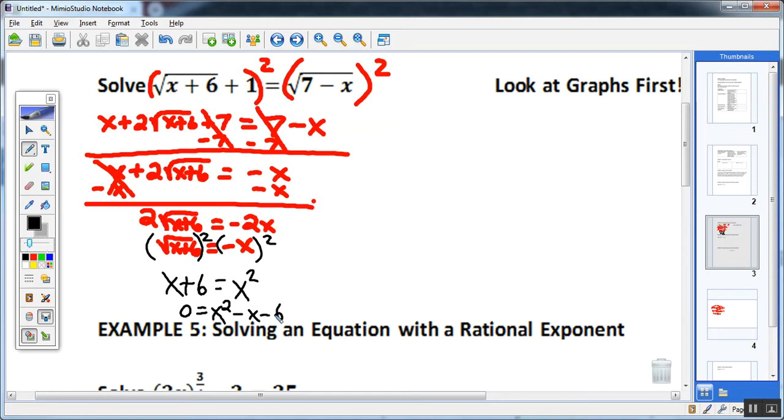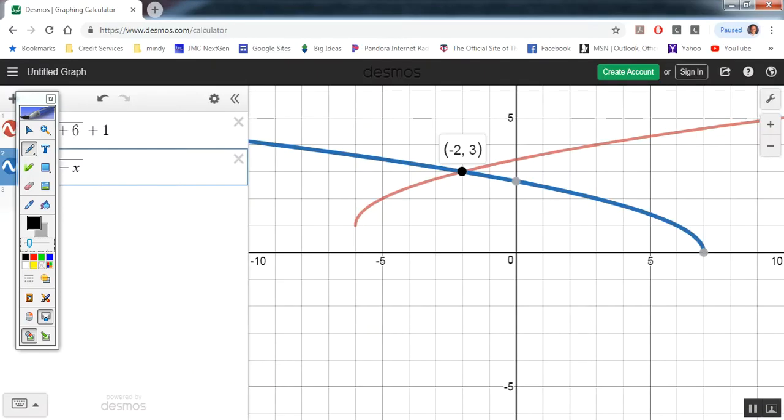Negative 2, right? All right, so I'm going to go quadratic formula calculator here now. And let's talk about this. So in my quadratic formula calculator, let me find that quickly.